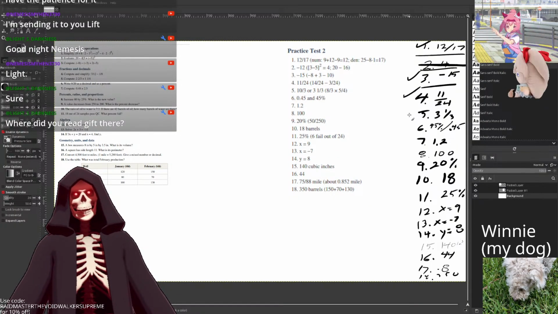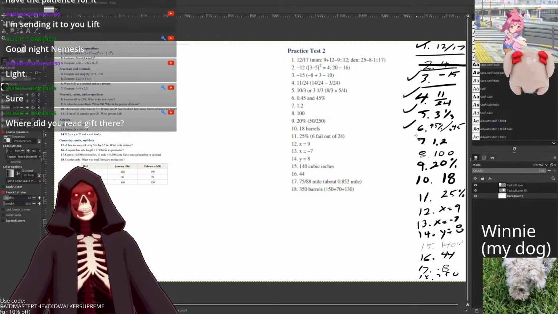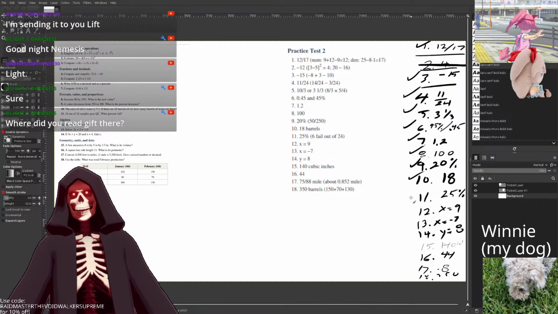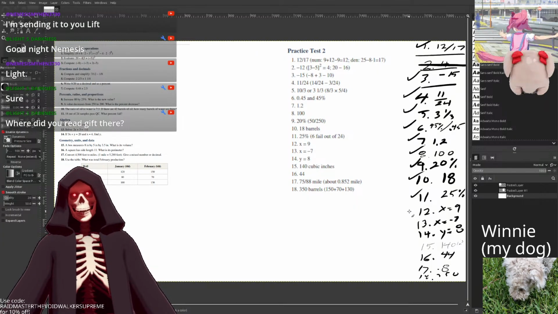Got that correct. Number 5. 3 1/3. Yes. 45. Yes. 1.2. Yes. 100. Yes. 9. 20%. Check. 10. 18 barrels. Yep. 25%. Yes. 9. Yep. Negative 7.